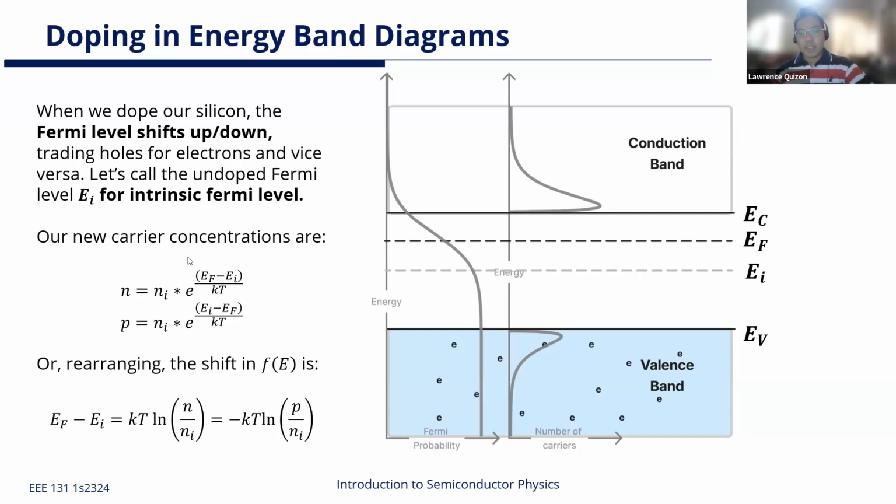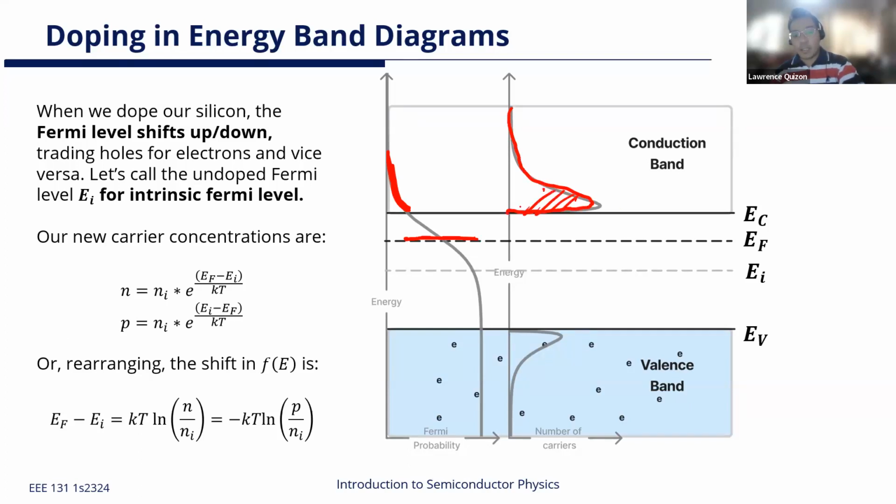Now, since the carrier concentrations depend on the position of the Fermi energy level, if we shift the Fermi probability up or down, then the probability goes up here. The probability that states in the conduction band are occupied goes up. Multiply it with our density of states, and the probability that those states are occupied increases, thus increasing the number of electrons here.